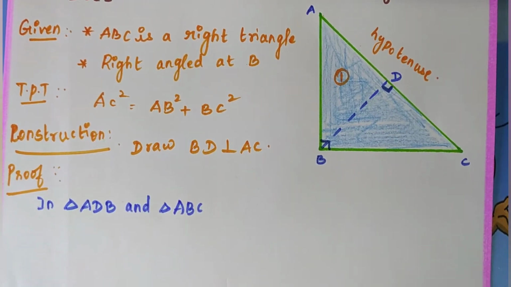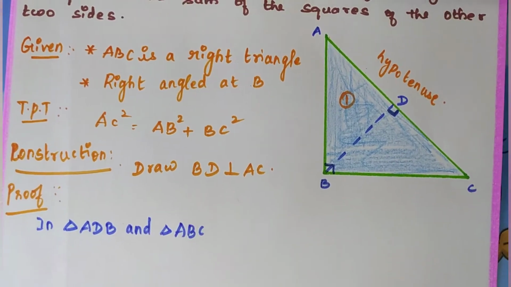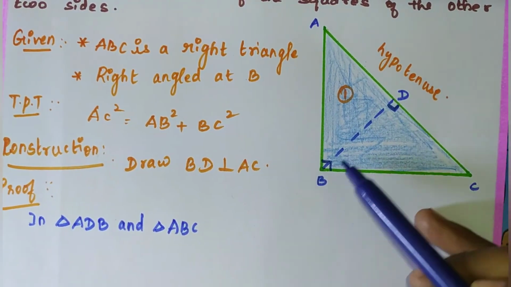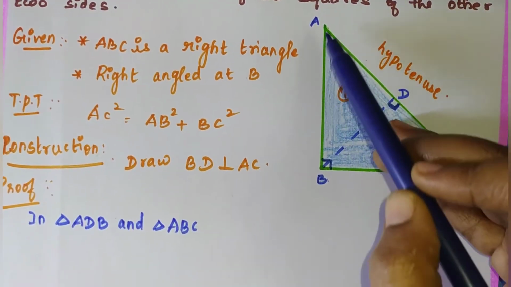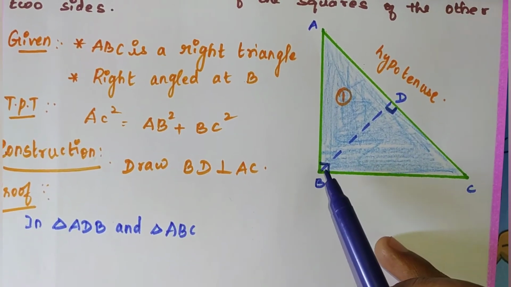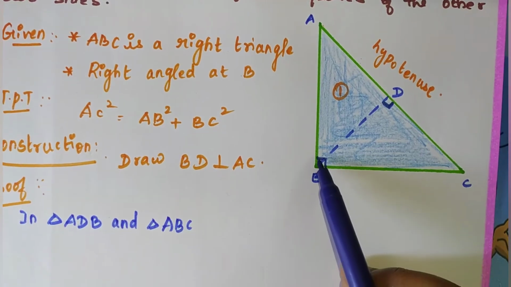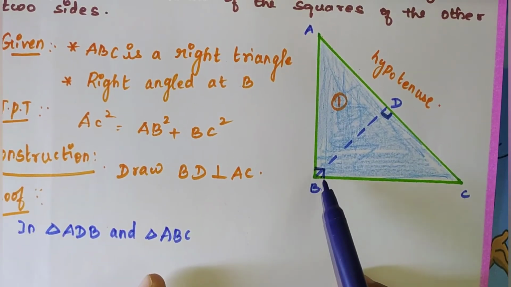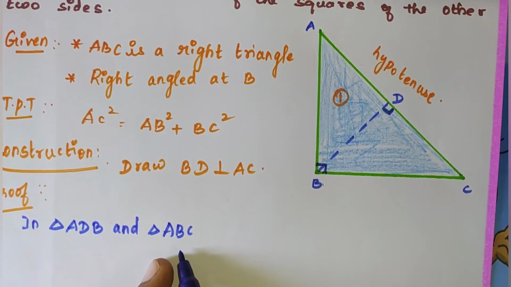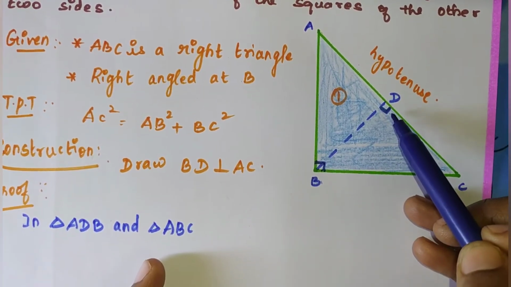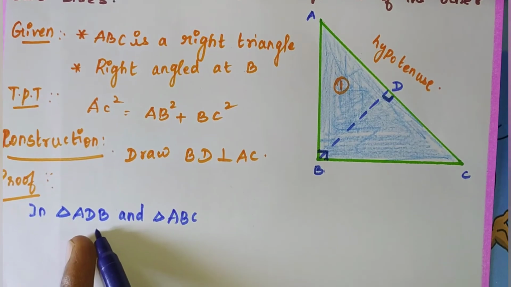How can we prove that the two triangles are similar? ABC is a full triangle and ADB is a part of it. Angle B is 90 degrees in triangle ABC, and angle D is 90 degrees in triangle ADB.